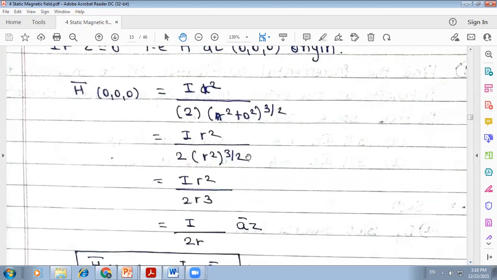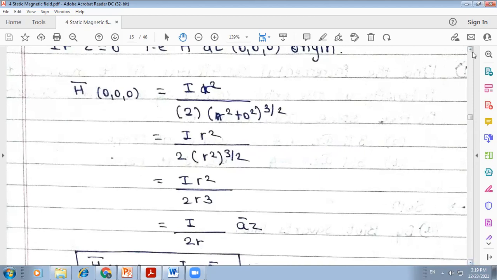The z term is 0, so it is (r square) raised to 3 by 2. If you solve this equation, you get I upon 2r into unit vector A bar z.